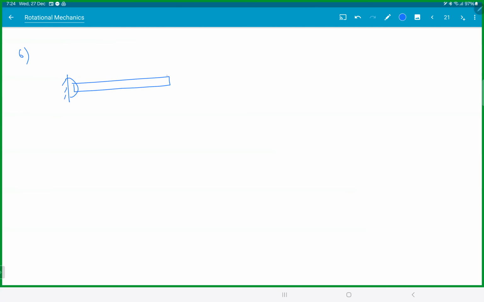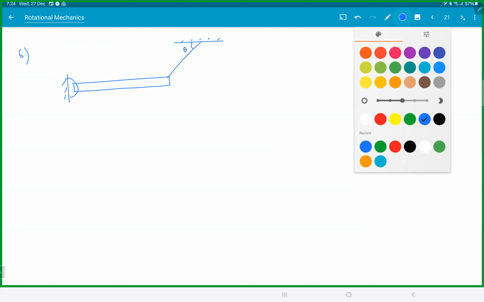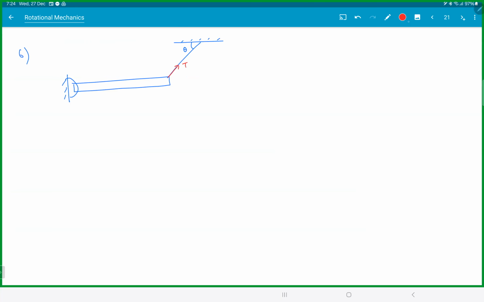We have a hinge here. This is theta. This is tension.